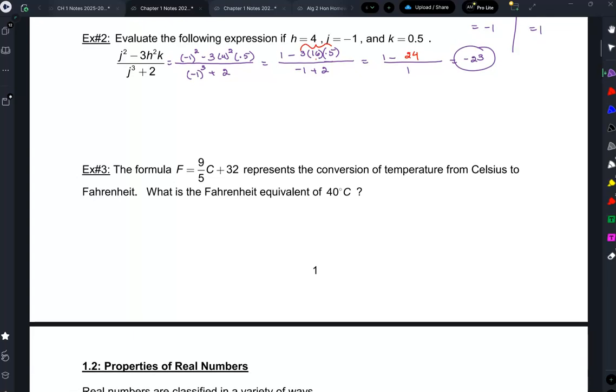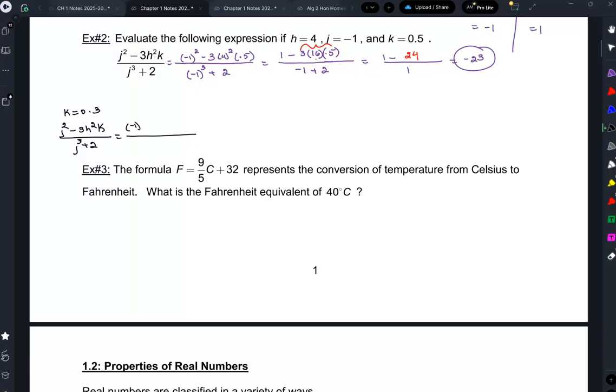Now, suppose you had the same situation, but suppose k was 0.3 instead. Now, for the same problem, j squared minus 3h squared k, now we have a different situation.